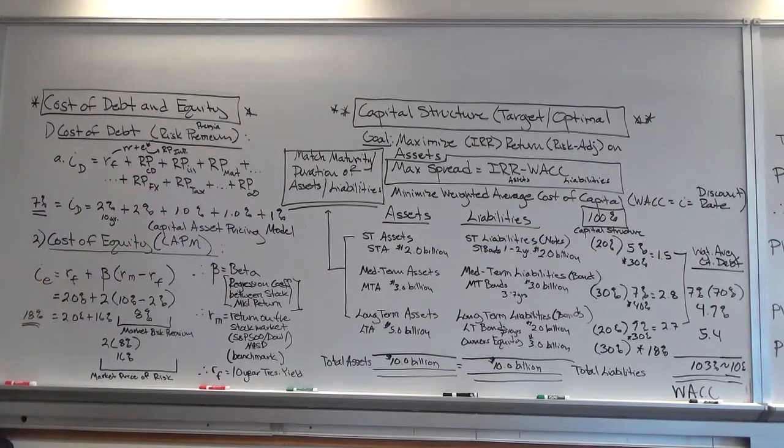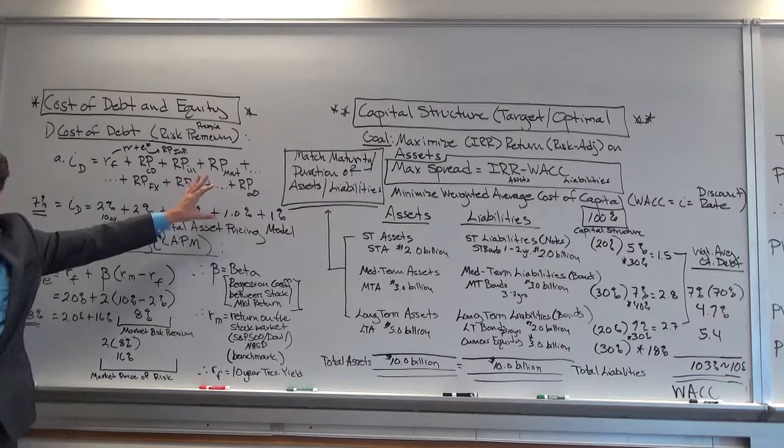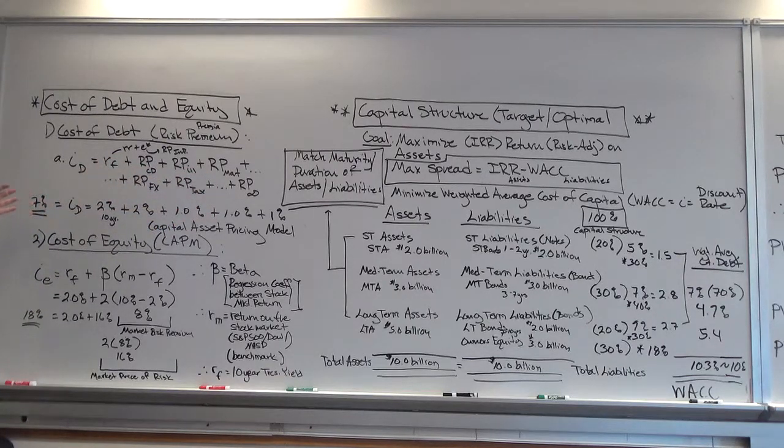So I came up with a cost of debt of 7%. Now this approach can be totally modeled within the software. You can get the data and you can run the analysis, come up with these estimates of what these risk premiums are, and to be able to calculate a cost of debt for the company. Boom, okay, one down, one to go.